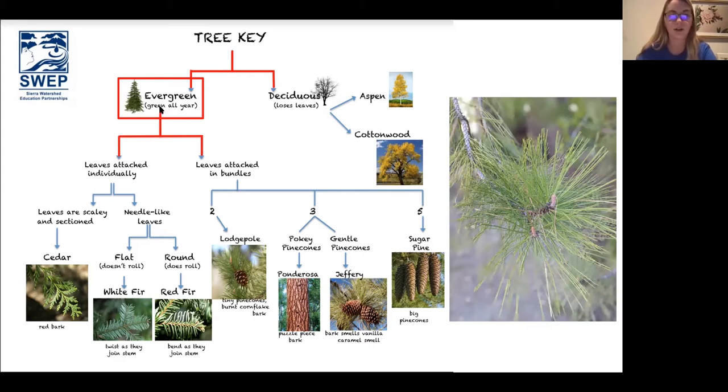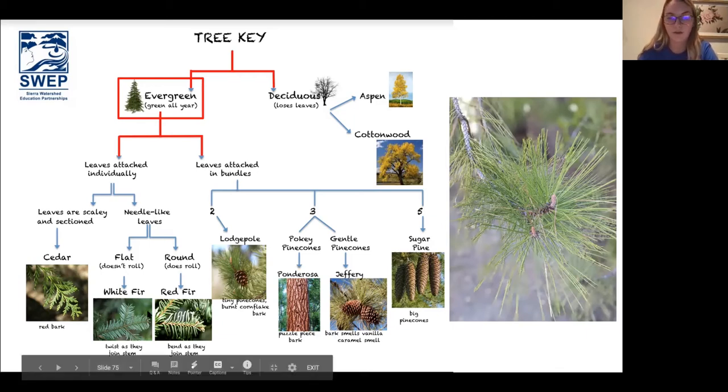So our next question is, are the leaves attached individually or are they attached in bundles? So this is going to tell us whether or not it's a pine or a fir or a cedar. So if we're looking at this photo, it can be kind of hard to tell in the photo. It'll be easier to tell in person because you can actually pluck the needles off the branch and see if they come off in a bundle or individually.